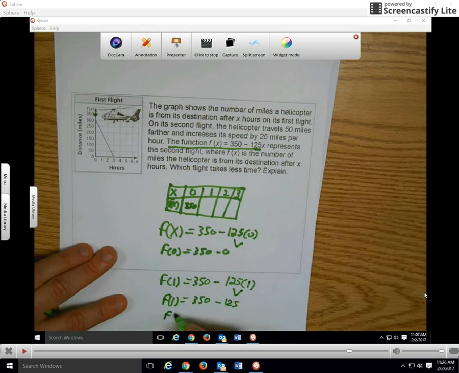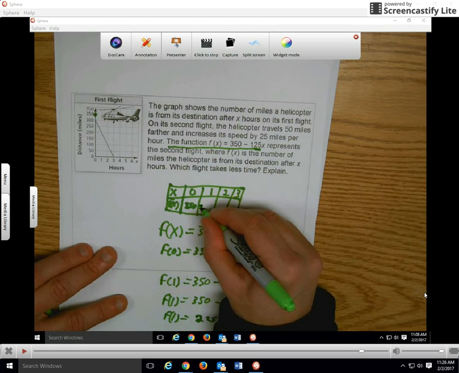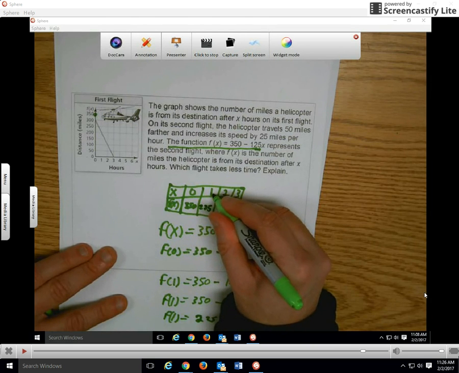So the function of 1 equals, what would that be? 225, is that right? I might have to actually subtract this myself and make sure I'm doing the math right. No, that's right. Okay, so the function of 1 would be 225. We input a 1, we output a 225.